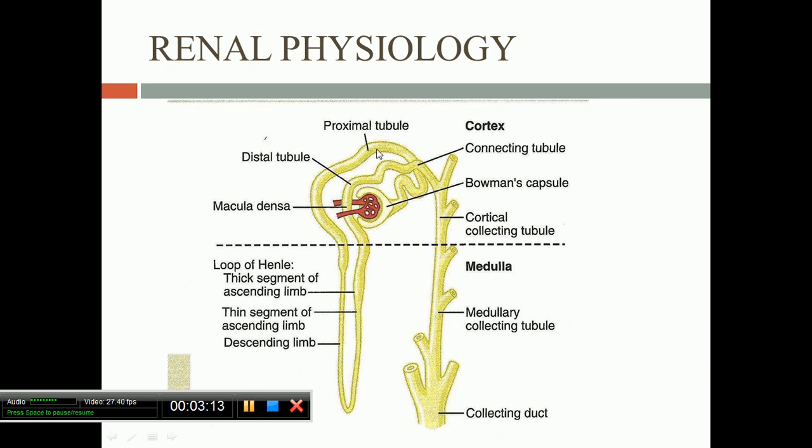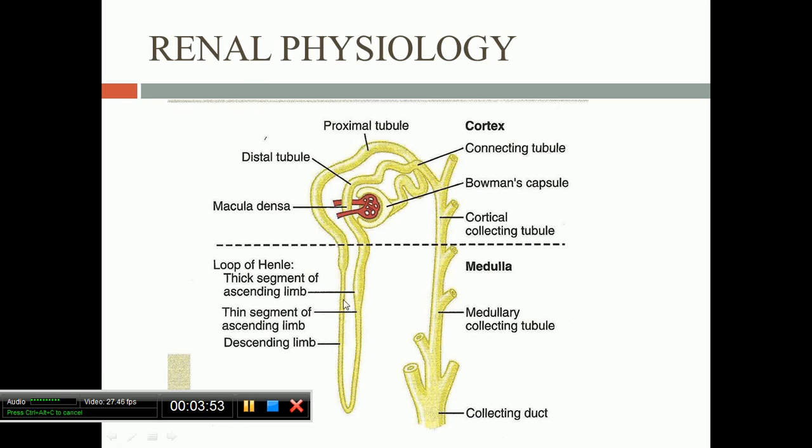Starting from the Bowman's capsule, which has a tuft of capillaries called the glomerulus, then from the Bowman's capsule come convolutions called the proximal convoluted tubule, also called PCT.